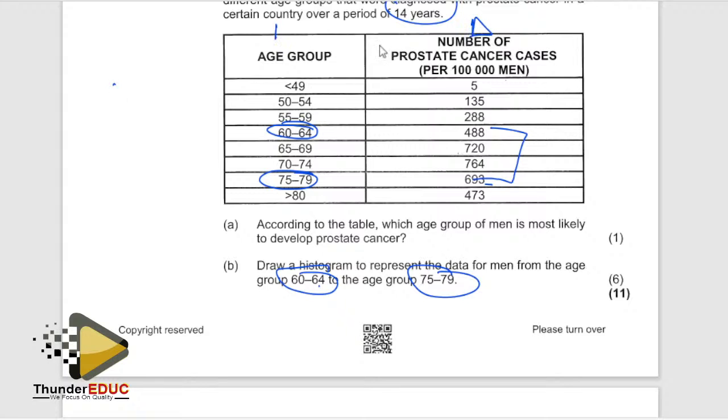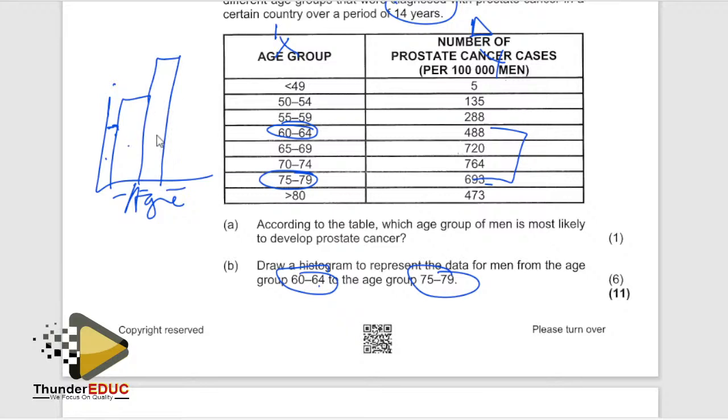Remember I told you about I, D, X, Y. So definitely now you know the histogram. This is the x-axis. You talk about the age, these ranges here. Then you start to draw the bars. The bars must not have spaces. This bar must be equal in width to this bar. Then you put here the number of prostate cancer cases per 1,000 men, and then put the caption here.